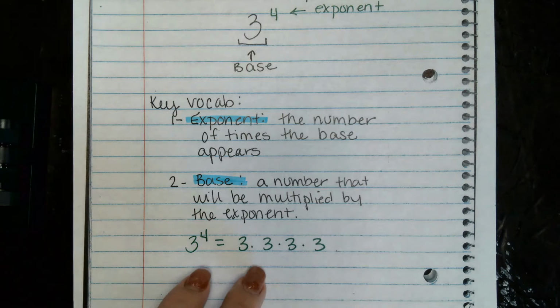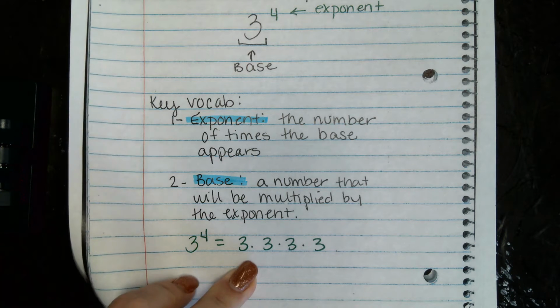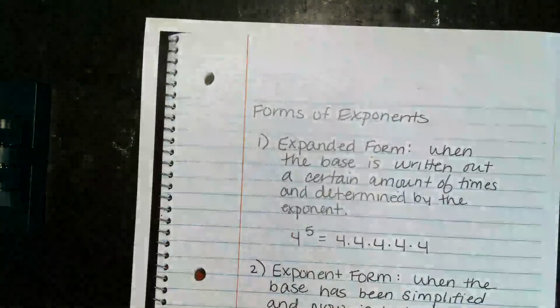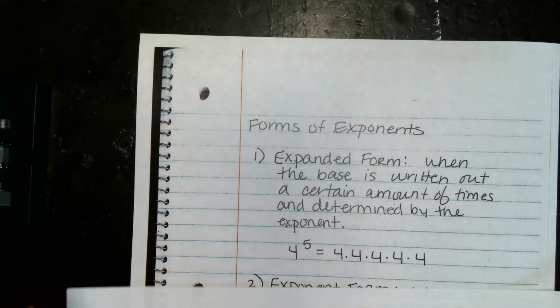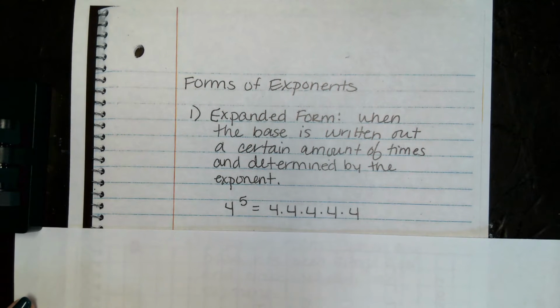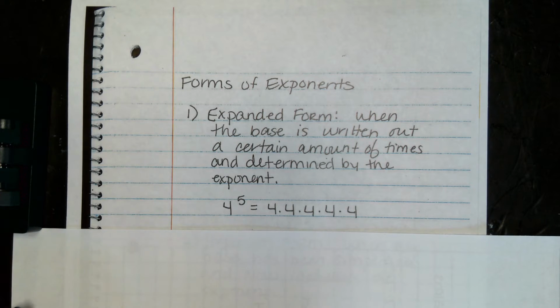Now, when we are taking a look at our exponents, we have a couple of ways in which we can write them, and we have two different forms. The first form is called expanded form. Expanded form is when the base is written out a certain number of times, determined by the exponent. So here, I've got 4 to the 5th.